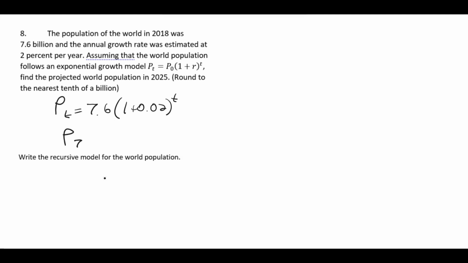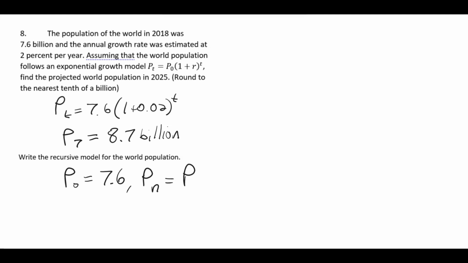And we're looking for P sub 7, which rounded is 8.7 billion people. The recursive model would be P sub 0 equals 7.6, and P sub n equals P sub n minus 1 times 1.02.